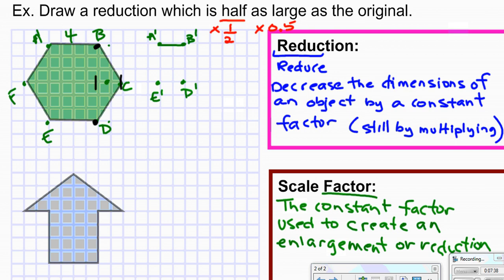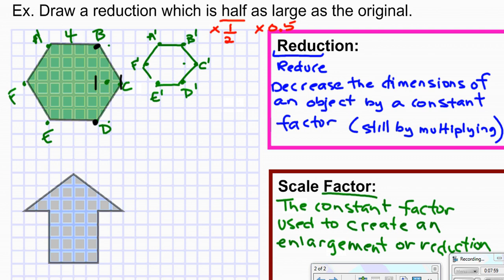So half of that is only going to be 1 square to the right. So in our new shape, it needs to be halfway between B and D, which is about there. 1.5, and it needs to be 1 square to the right. And so that means F has to be the same height and 1 square to the left from A prime. And so then that is our new shape.